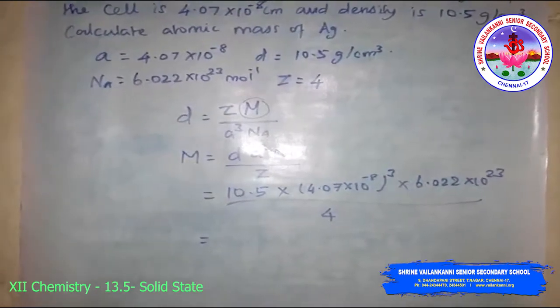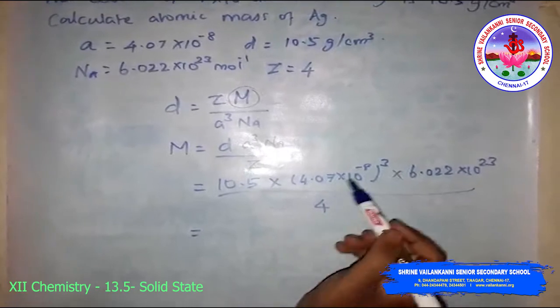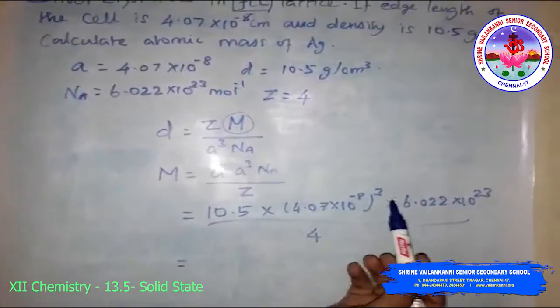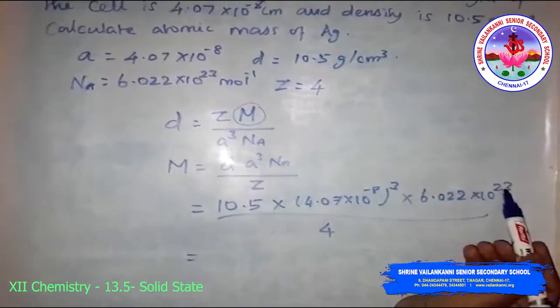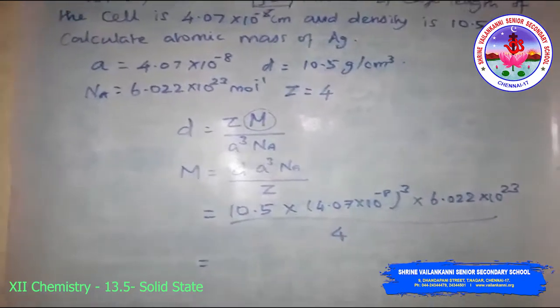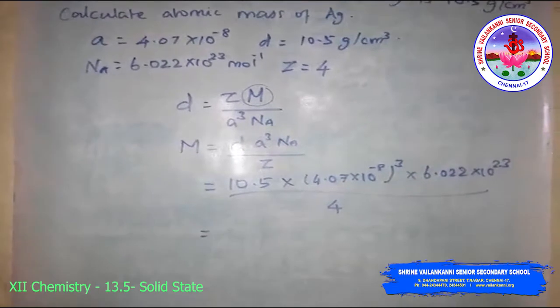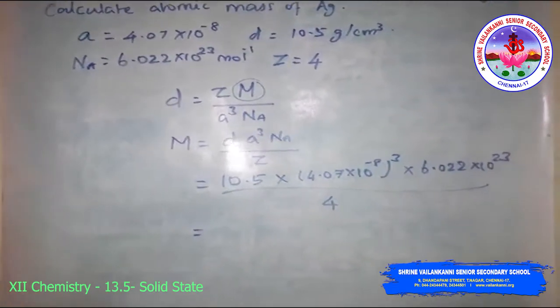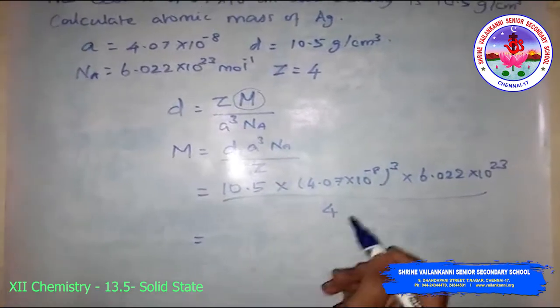Simplifying this, see, the 10 power minus 8 into 3 is 10 power minus 24, and this is 10 power 23, so you will get 10 power minus 1. After simplifying this value using the logarithm table, you can get the value.